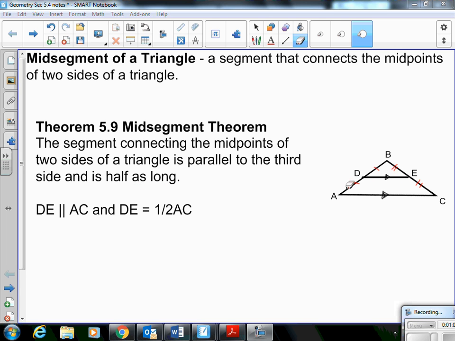This theorem tells us that DE, connected to these two sides, is parallel to the third side, AC down here. And it's also half the length of AC. So if we know the length of AC, then DE will be half of that length. Or if we know what DE is, then AC is going to be twice that length, depending on which way you look at it.